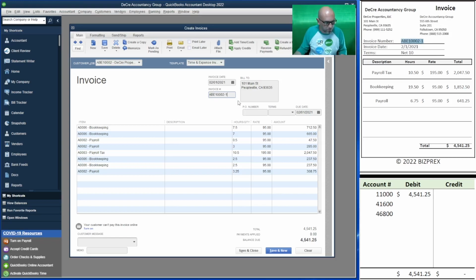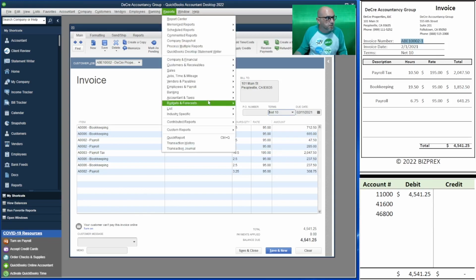Again, we could go with the QuickBooks sequence, but in this case we can do this. Here it is, terms net 10.